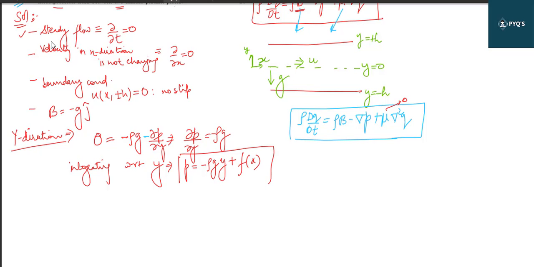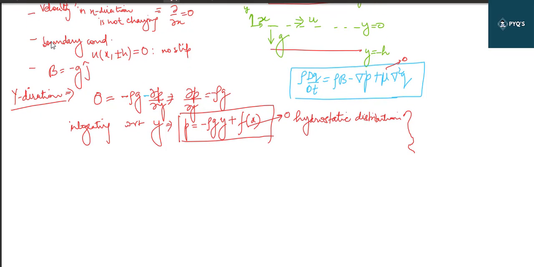But there is a hydrostatic distribution of pressure in the y direction, so f of x equals 0.